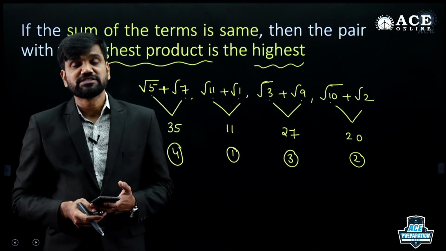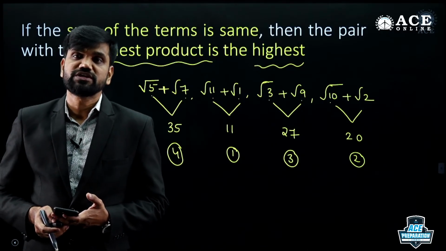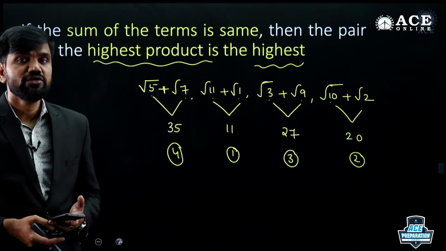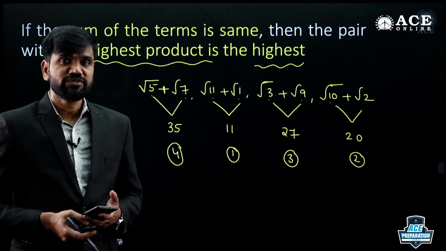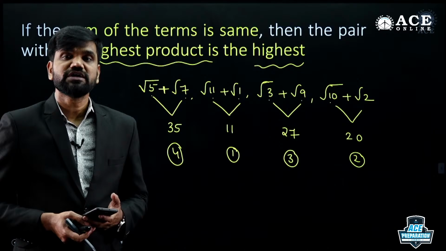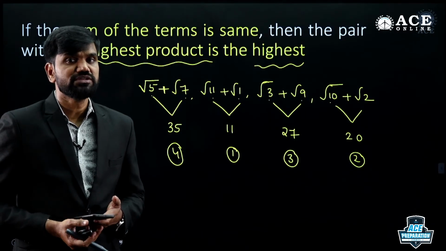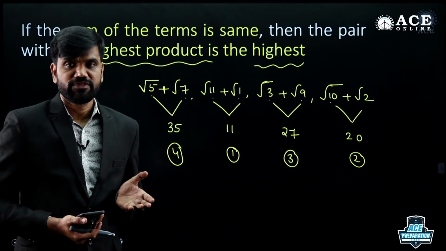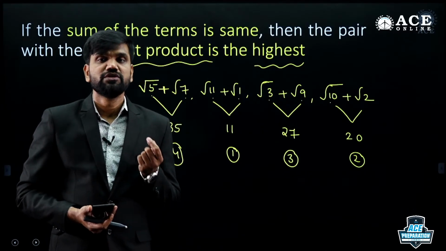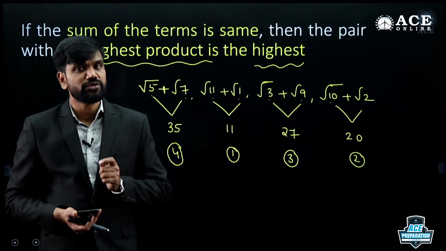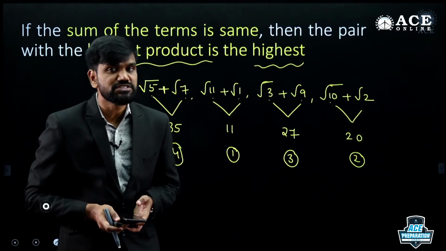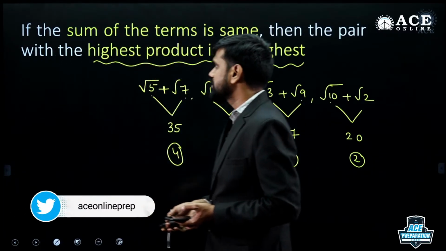If the sum of the terms under square root is same, then we will check for the product. The terms with the highest product will be the highest among the values that are given over there. If they are asking you for the smallest, look for the smallest product. And I have told you why we are considering only the product.